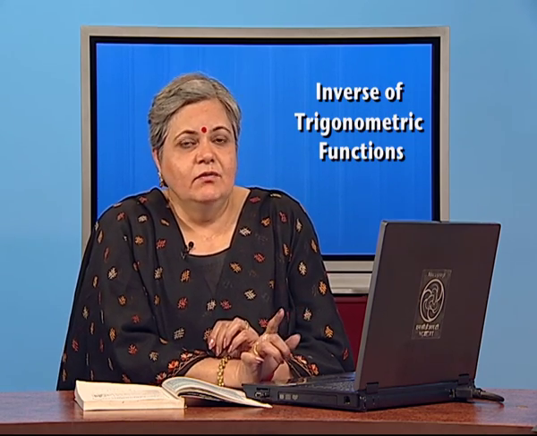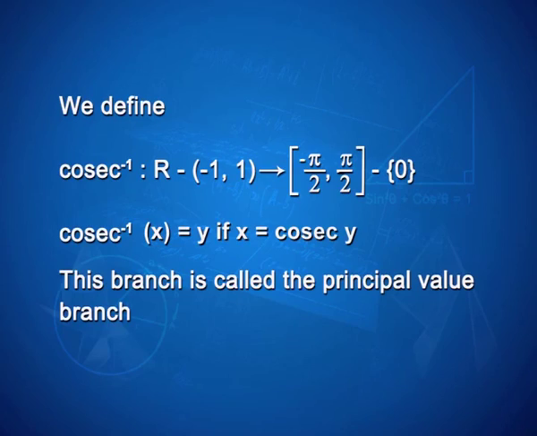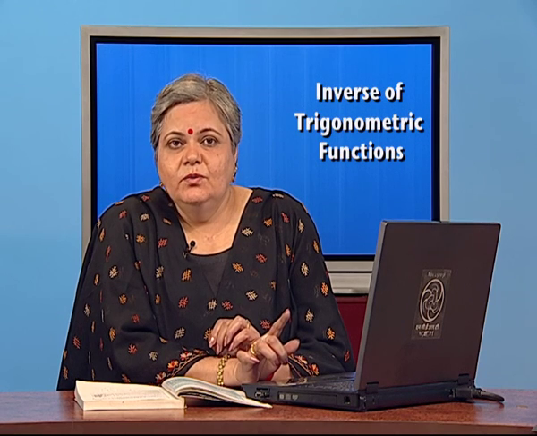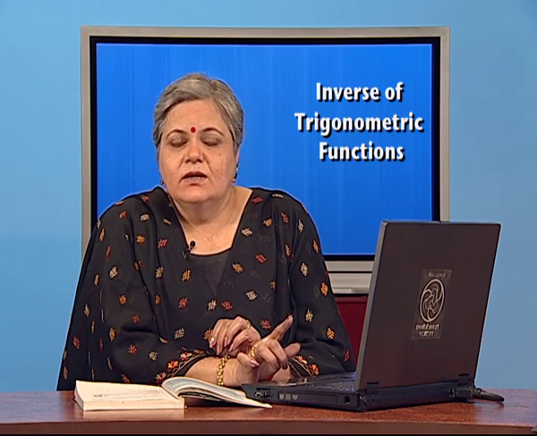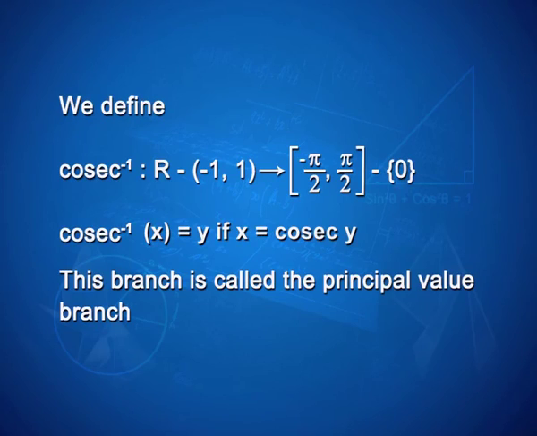So, even in the graph at 0 there is no point corresponding to it. So, the principal value branch range would be minus pi by 2 comma pi by 2 minus, that is leaving out 0. And how do we define cosec inverse x? Cosec inverse x is y if x is cosec y, that is the principal value branch of cosec inverse.